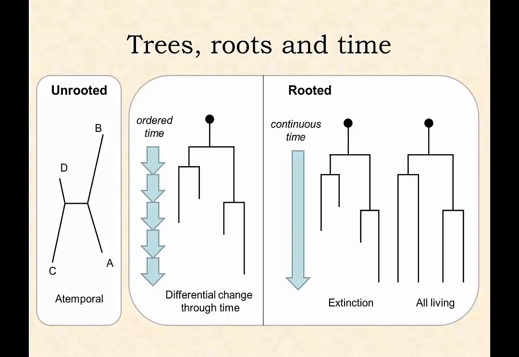So this kind of tree shows simply how different they are, but we know where the start point in time was. We can say that these two parts of the tree are younger than this part of the tree, but we can't do any cross-branch comparison. So this speciation event here, we can't say whether it's at the same time. It may in fact be younger than this one. It's just that more differentiation has happened in the DNA since they split.